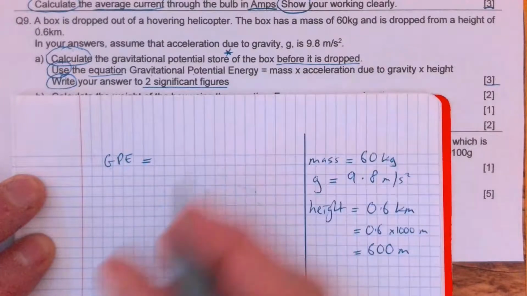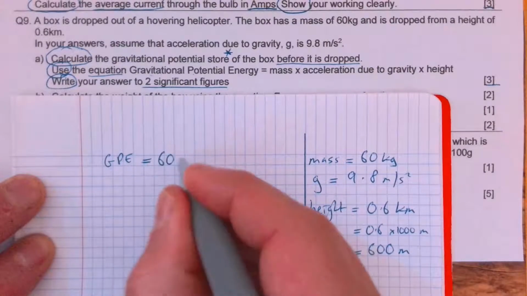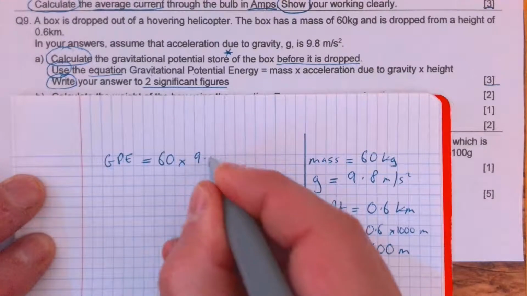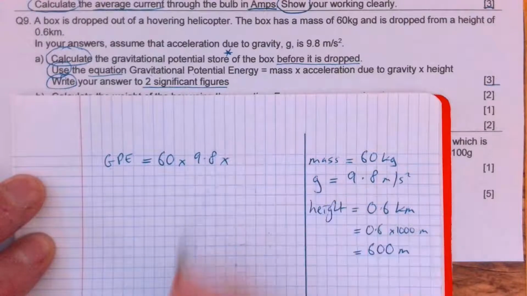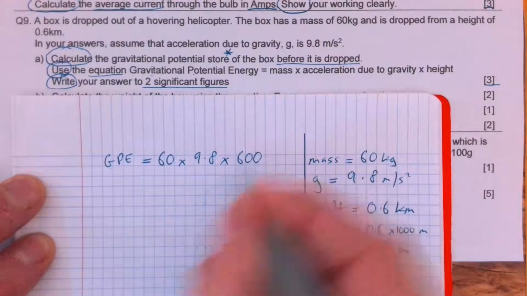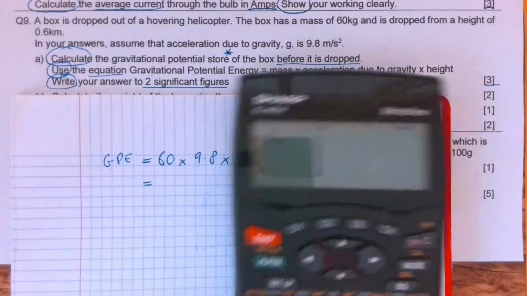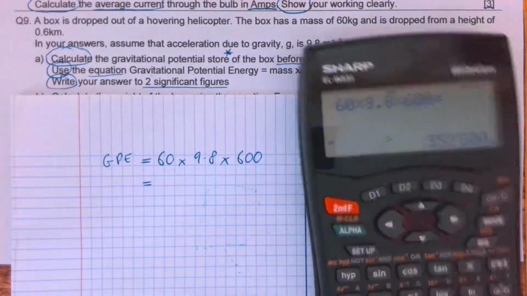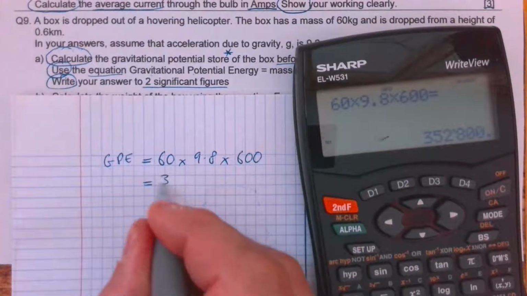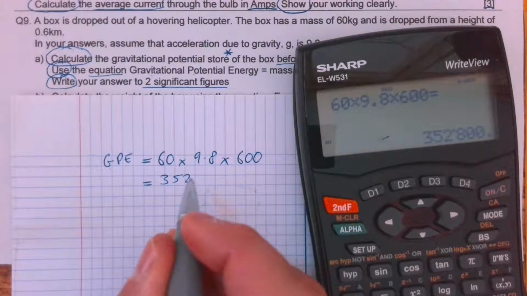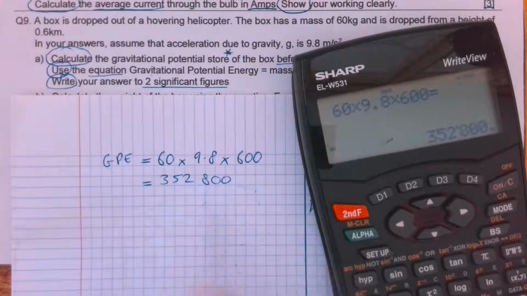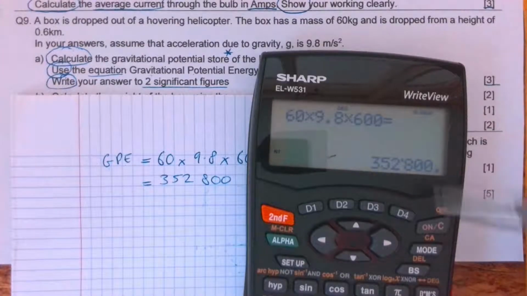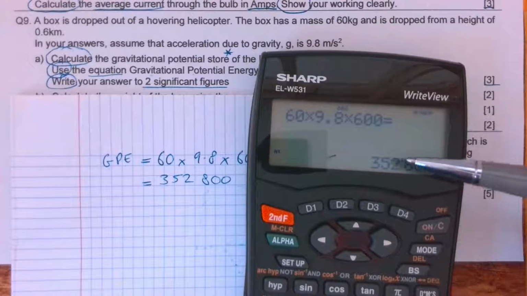GPE equals mass, which was 60, times acceleration, which was 9.8, times 600 equals... 60 times 9.8 times 600 equals 352,800.